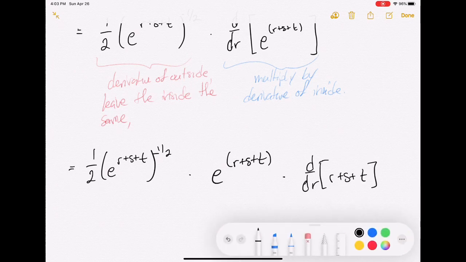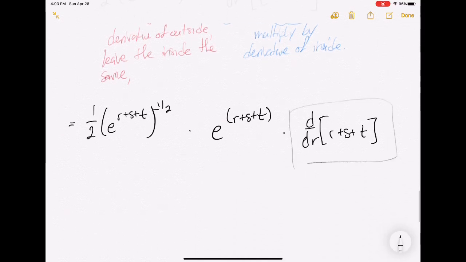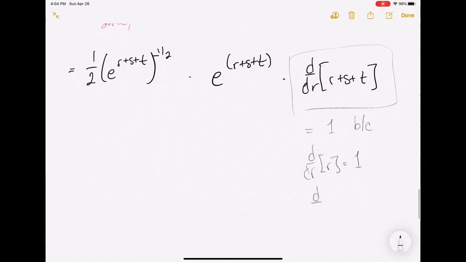And for those of you who haven't quite figured this out yet, this term equals 1 because d/dr of r equals 1, d/dr of s is the same as d/dr of t is 0 because we consider them numbers.